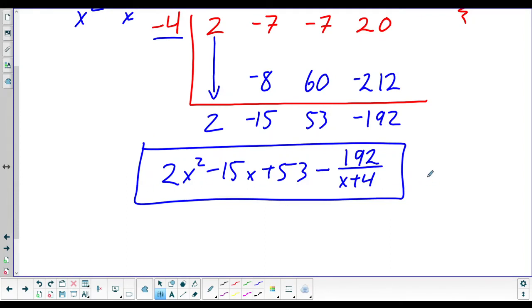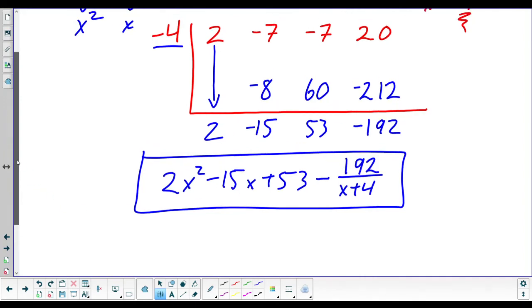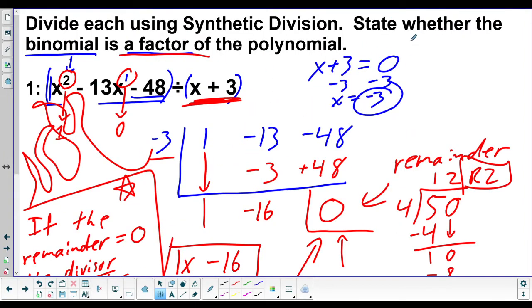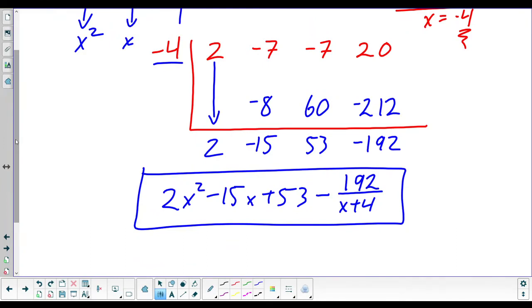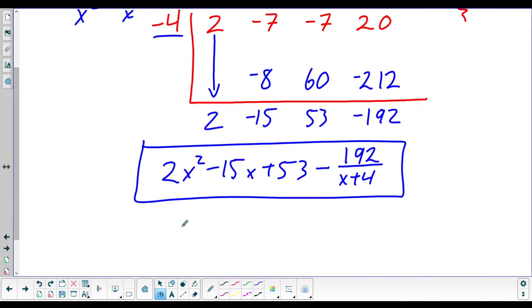So here's our answer. We did the synthetic division. We put the x's back in. We wrote our remainder as a fraction. We want to ask, state whether the binomial is a factor. The way we figure that out is we look at the remainder. Is this 0? No. Then it is not a factor.